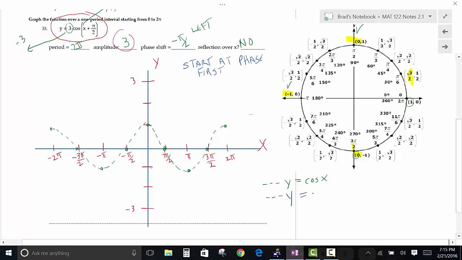Okay, so let's do the graph of cosine of x plus pi over 2. I'm going to actually start over here. Now this is a phase shift, pi over 2 units to the left. So it doesn't matter where we start really. Let's just start way over here. So let's take this point and move it to this point. So that phase shift's there. Take this point, move it there.